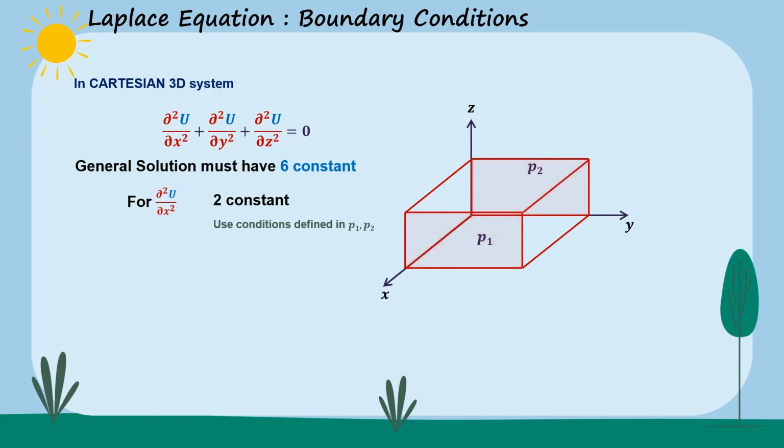Now for del 2 u del y2, we need another 2 constants, but those 2 conditions need to be defined on P3 and P4, the right surface and left surface. If they are defined somewhere else, we can't solve it. That's why the boundary conditions are defined this way.